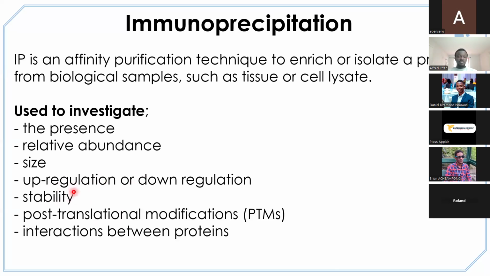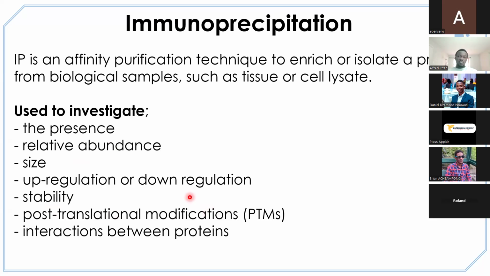Stability. Sometimes you want to look at how long a particular molecule stays around in our system or under various conditions. If you want to know how long it sticks around before it degrades, we can use immunoprecipitation. You can also look at post-translational modification. After translation, a lot of molecules are added to proteins.